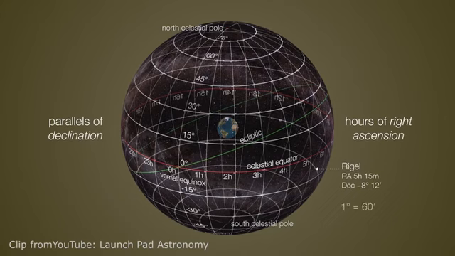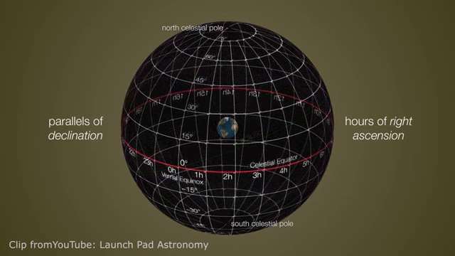Remember, we can take a single degree and we can split that up into 60 minutes of arc. So this coordinate system, since it's based on the celestial equator, we call this the equatorial coordinate system. And it's a really convenient way for us to define every single point on the celestial sphere.